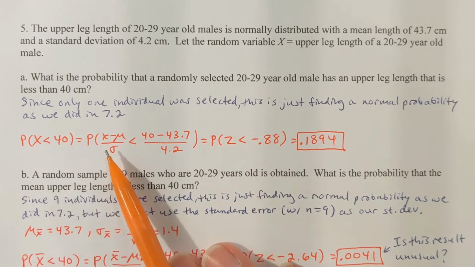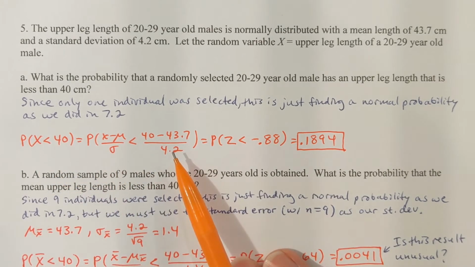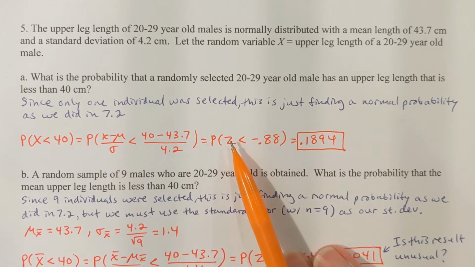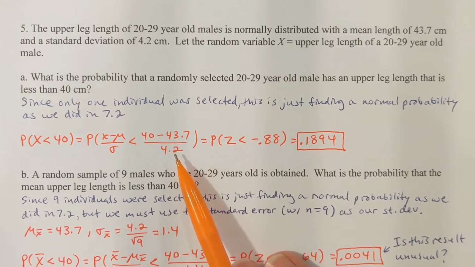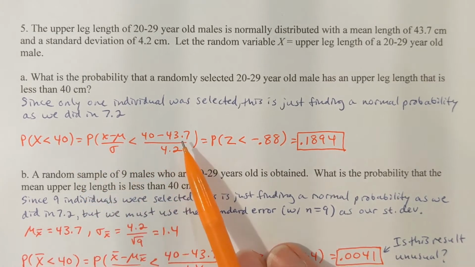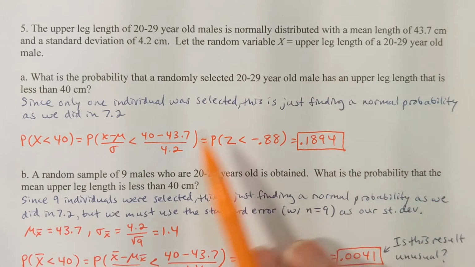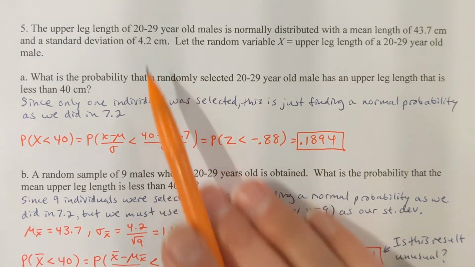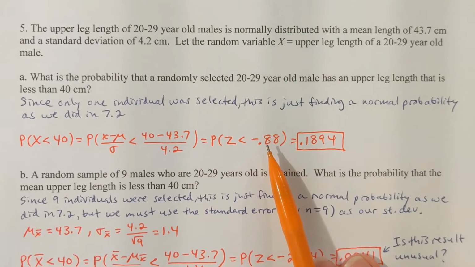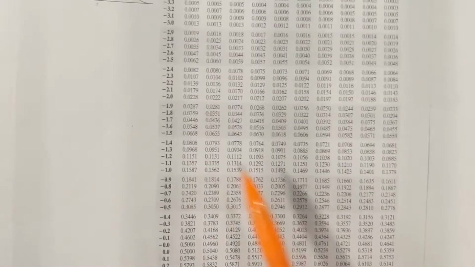First, change the variable from x to z using the formula for a z-score: x minus mu over sigma. With the actual numbers, 40 minus the mean of 43.7 divided by the standard deviation of 4.2, we get a z-score of negative 0.88.